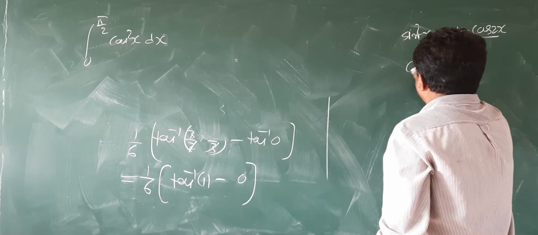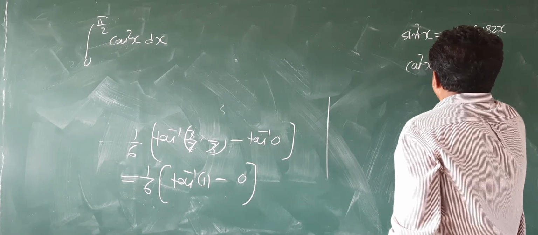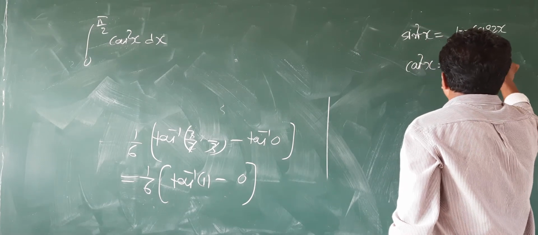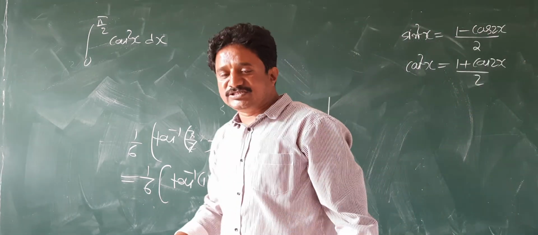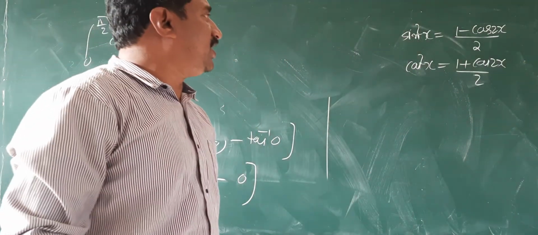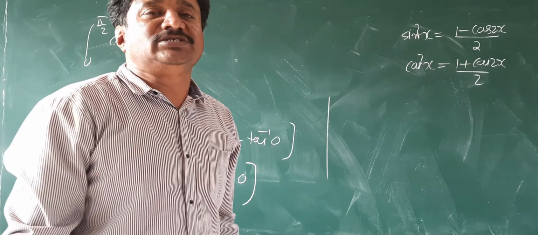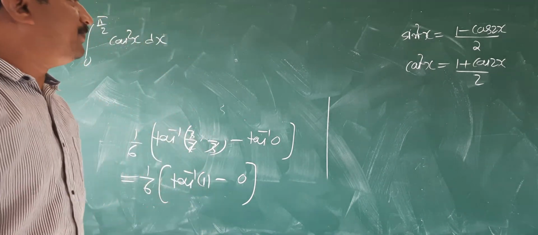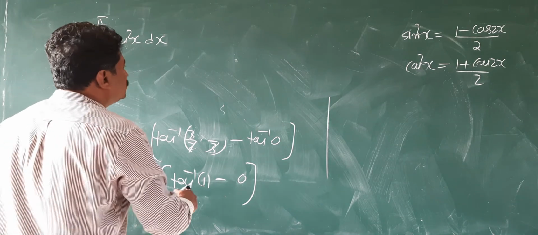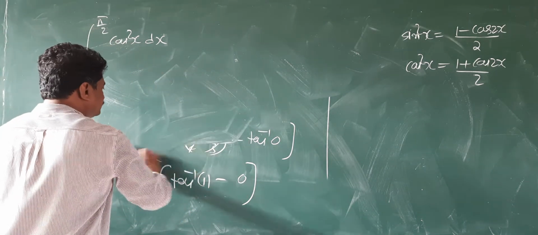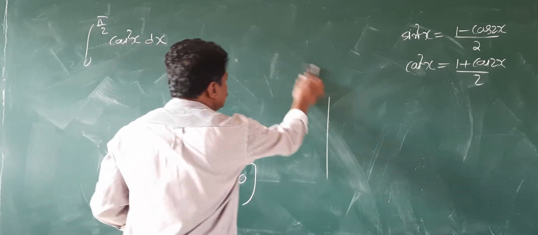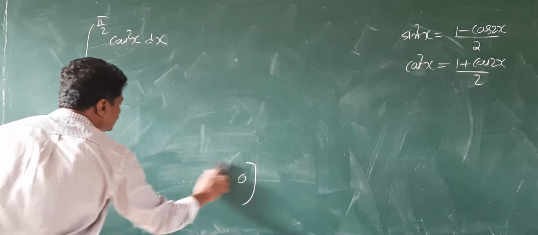If cos square x comes, you always use the formula 1 plus cos 2x by 2. So use that formula and complete that integration.